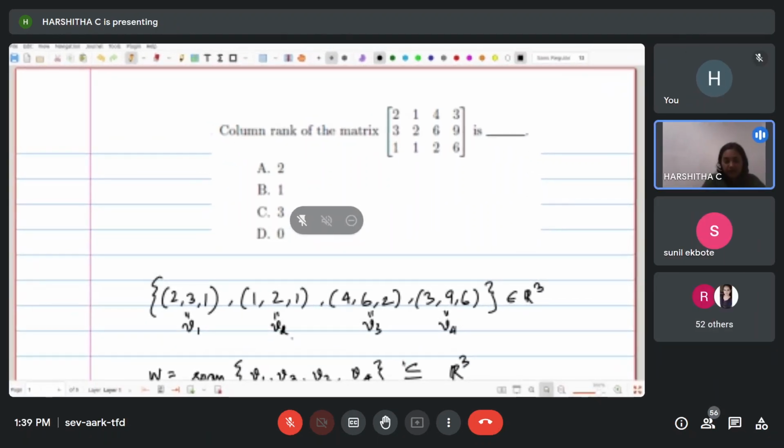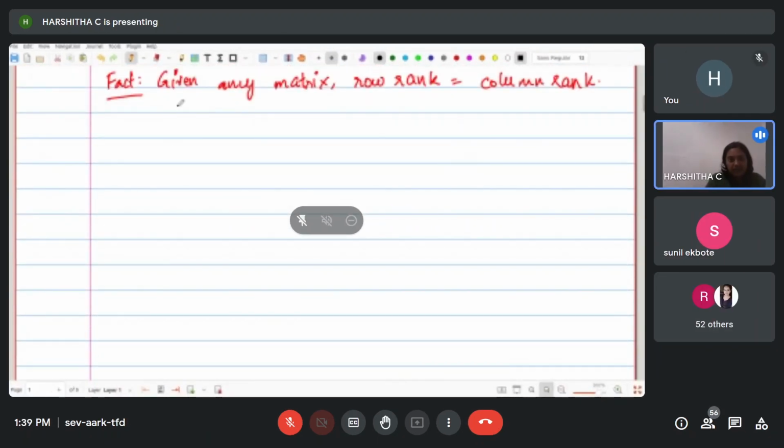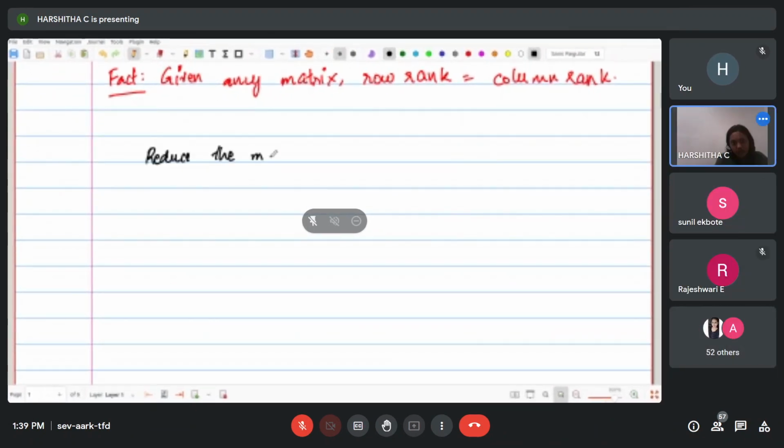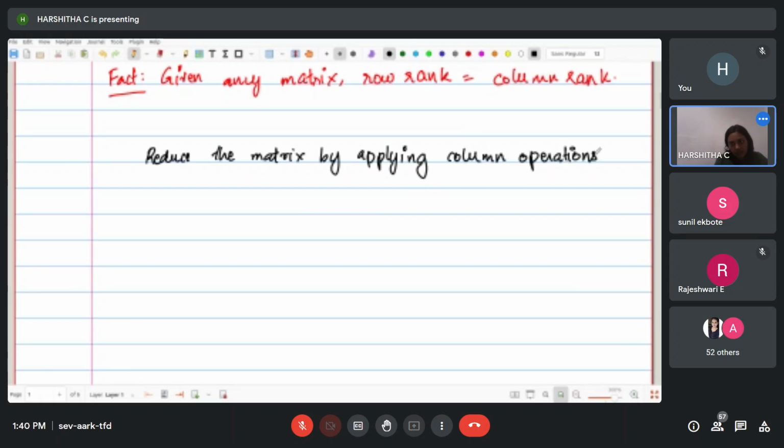We'll reduce the matrix, and when we reduce, we mean applying column operations, so that two things hold.